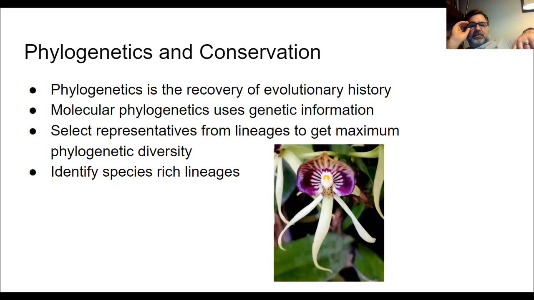It also allows you to identify species-rich lineages, and those you might prioritize because if you are species-rich, it suggests you have some sort of genetic mechanism that allows for rapid adaptation. And that might be good if you are living in times of rapid environmental change.